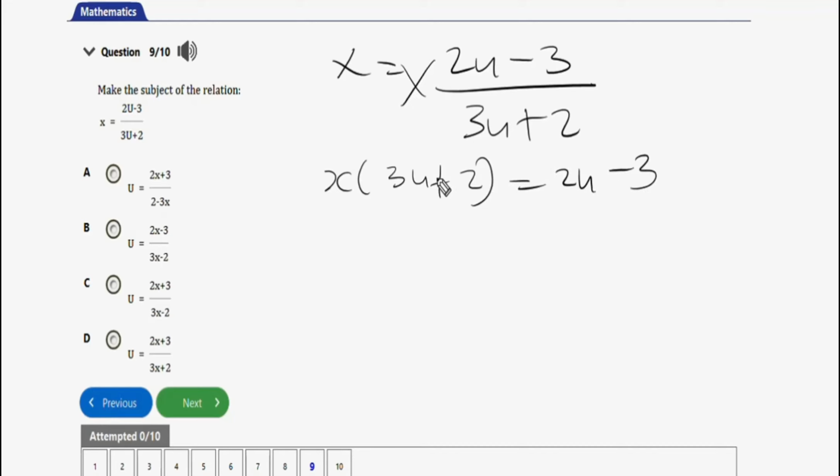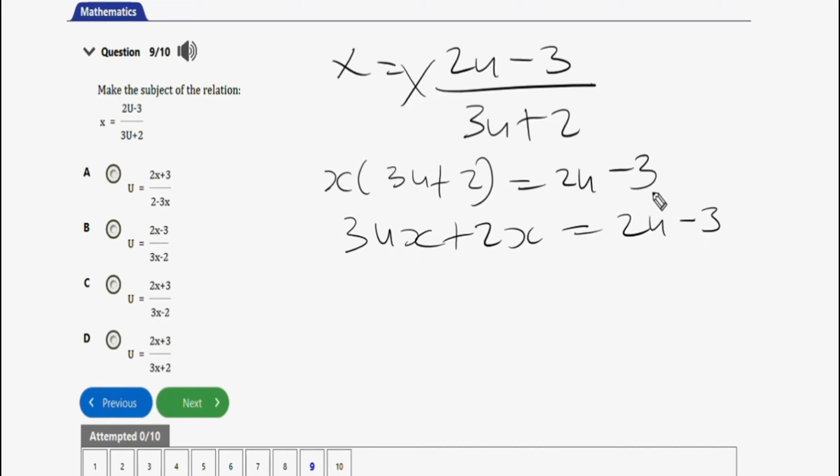Okay, so this is the same thing as 3ux plus 2x equals 2u minus 3. So we want to make u the subject of the formula, right?